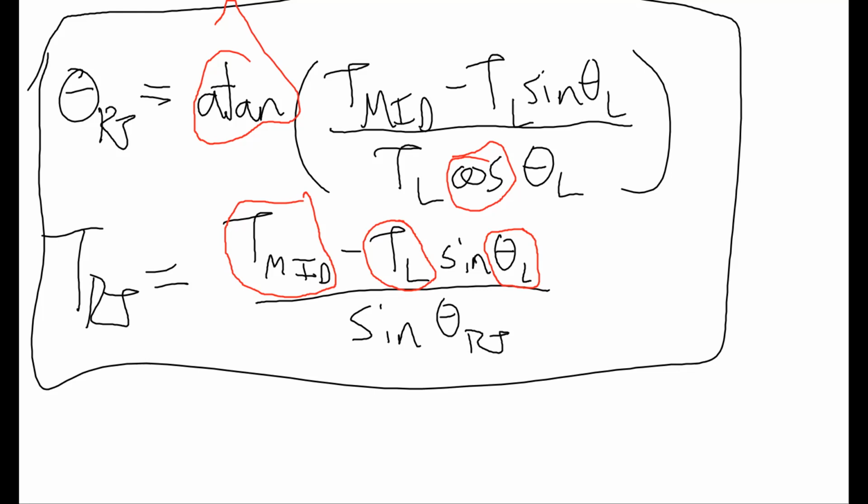I'm just going to print those 2 things out to 4 decimal places each. So this theta right, that's still in radians, right?